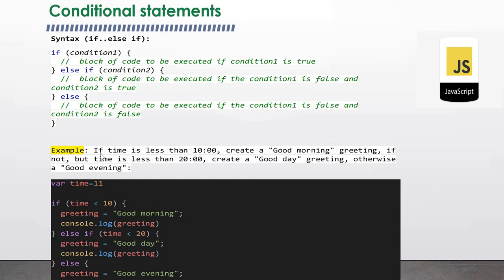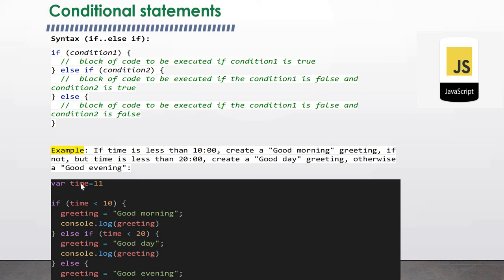Here is an example: if the time is less than 10, create a good morning greeting. If not, but the time is less than 20, this is the second condition, create a good day greeting. Otherwise, a good evening greeting. So here we have two conditions.